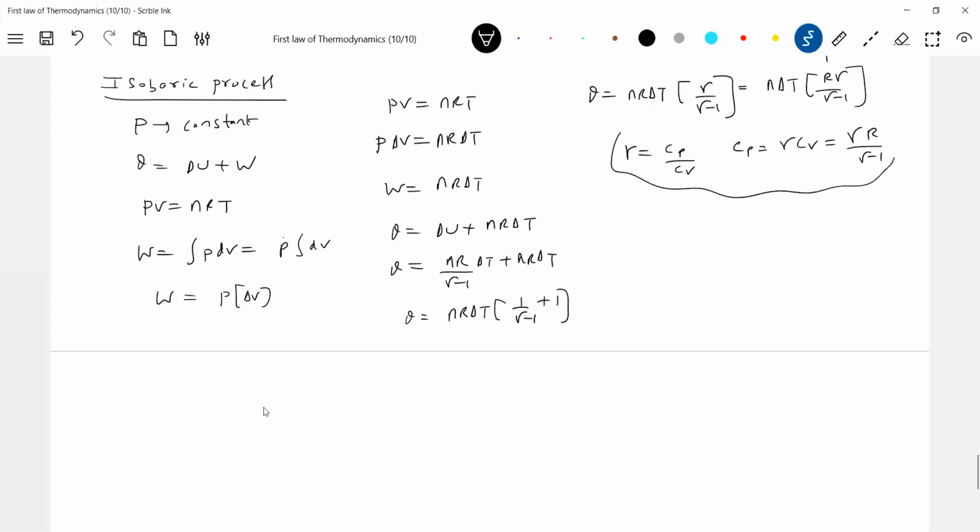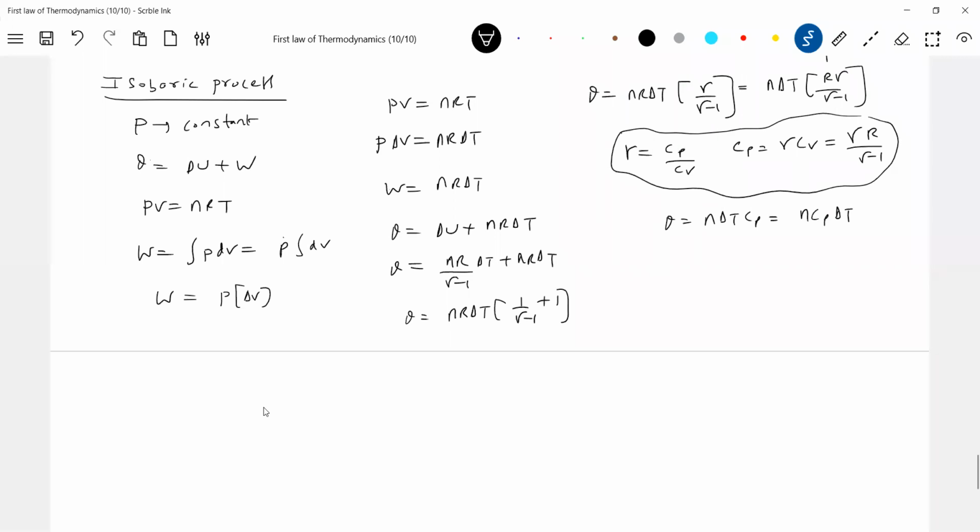From this background, gamma R by gamma minus 1, what you can write? Cp. So therefore, in isobaric process, what is Q? Q equal to nCp delta T.